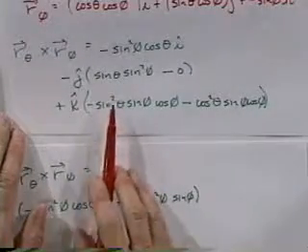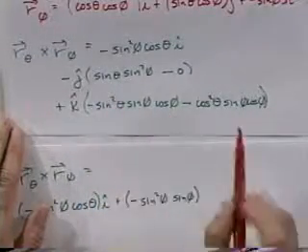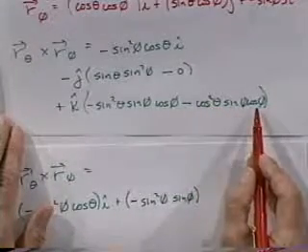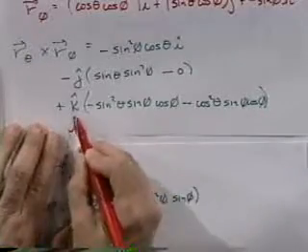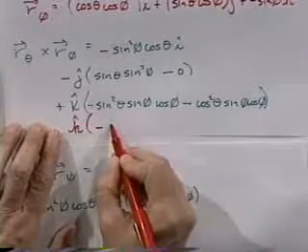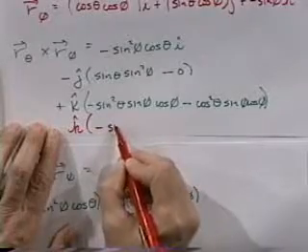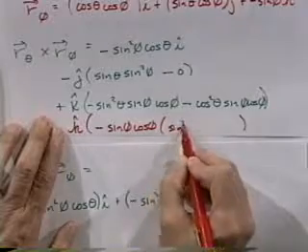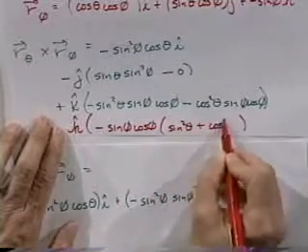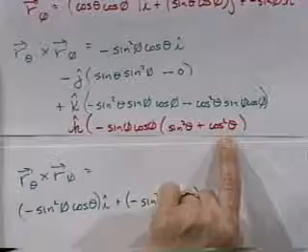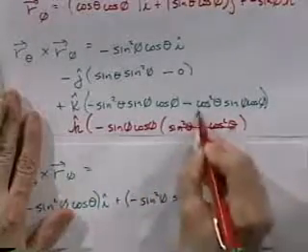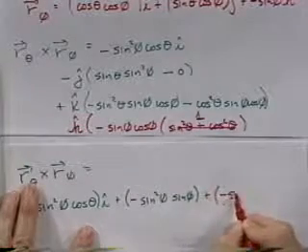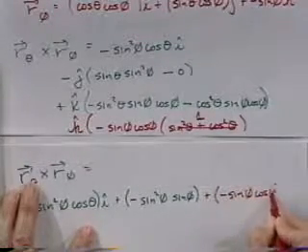You have minus sine squared phi sine phi cosine phi minus cosine squared theta sine phi cosine phi. I'm going to factor out a minus sine phi cosine phi, and that would give me sine squared theta plus cosine squared theta. And what's sine squared plus cosine squared? 1. So my k part's pretty cool. It's just minus sine phi cosine phi k.